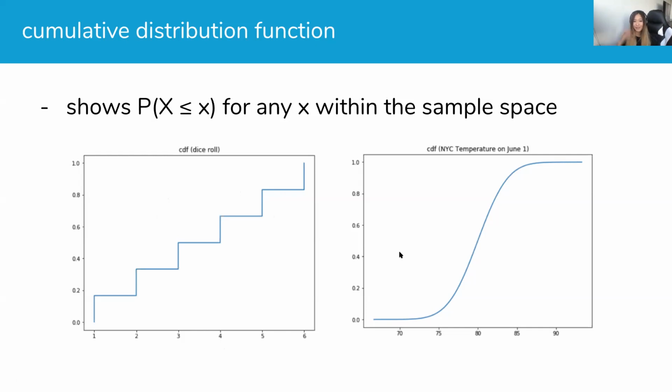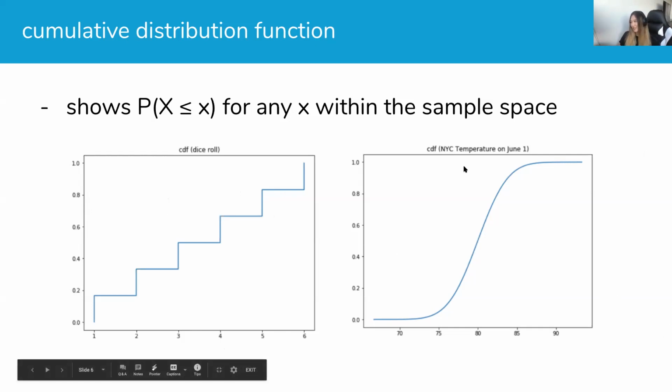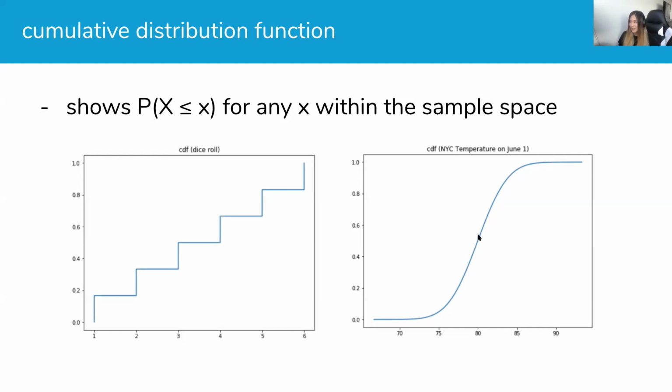This is just a different representation of probability. It is useful in some scenarios. Similarly here, if you want to find the proportion of the day that was cooler than 80 degrees, you would trace it back here to about 50%.